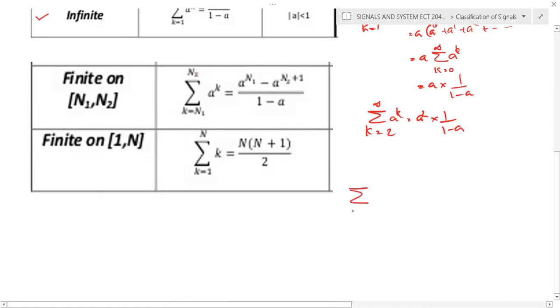So now you can see this formula, k is from n1 to n2. At least you should remember the first three. You can write a raised to n1 minus a raised to n2 plus 1 divided by 1 minus a. It is the slightly modified version of the previous one.